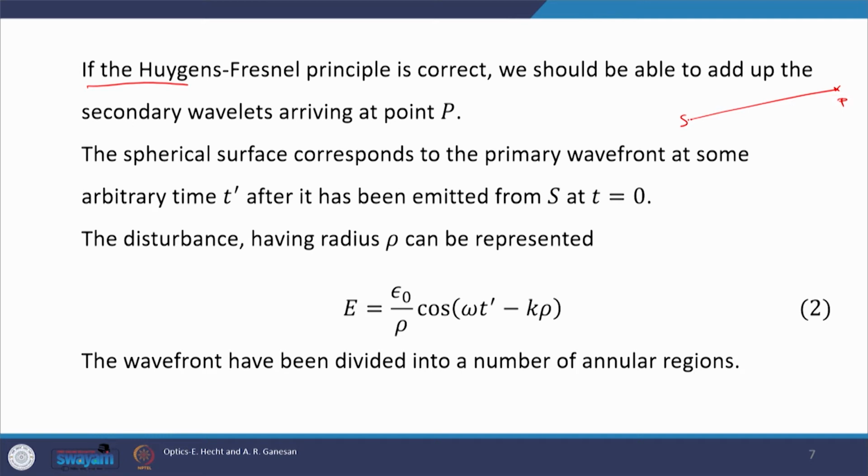The spherical surface corresponds to the primary wave front at some arbitrary time t prime after it has been emitted from S at time t equal to 0.